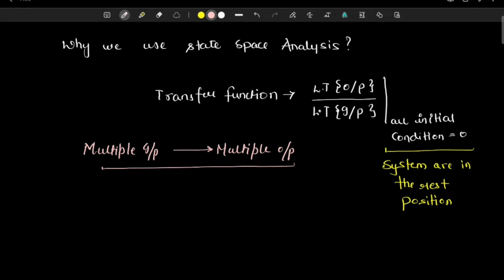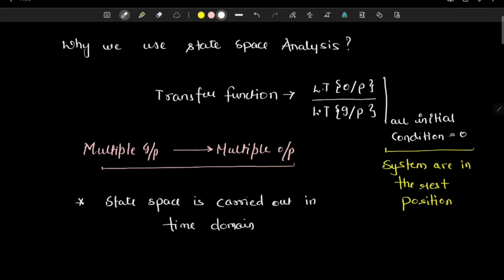The state space analysis approach is carried out in the time domain. We have seen the representation of systems and analysis in the time domain and frequency domain, but state space analysis is only done in the time domain.